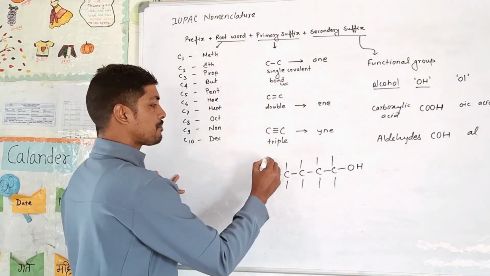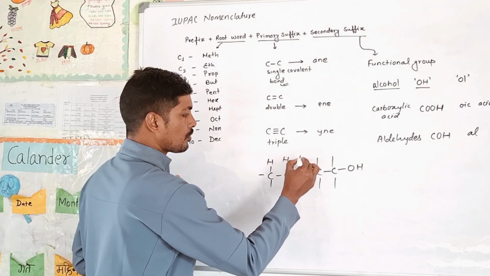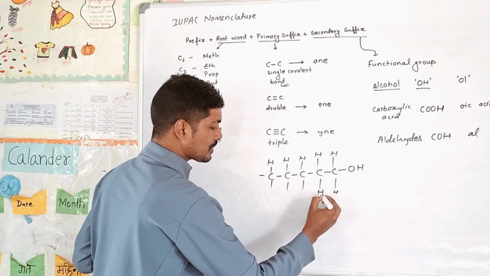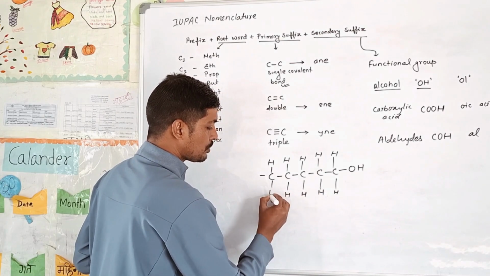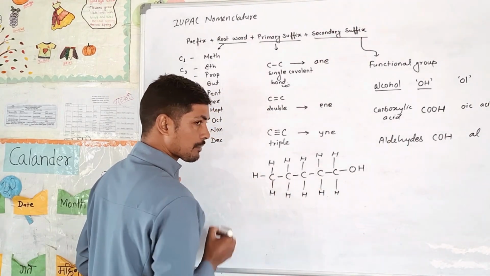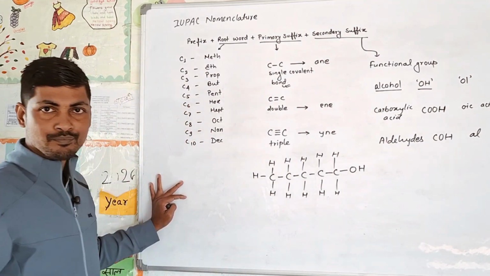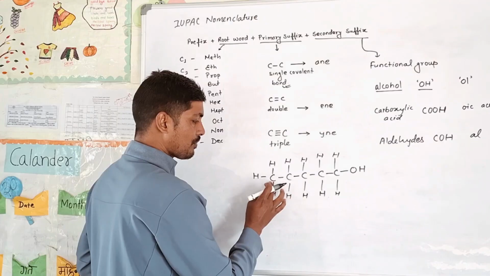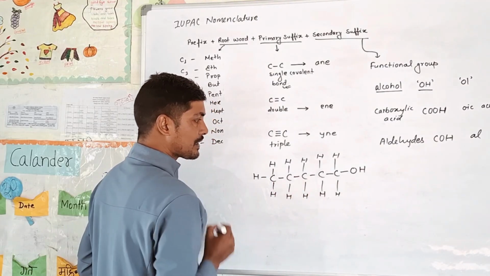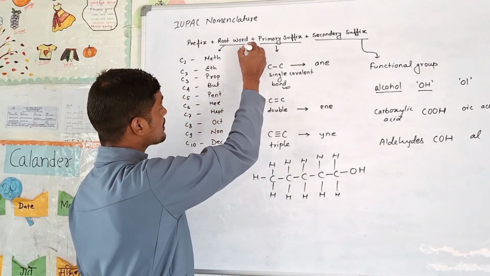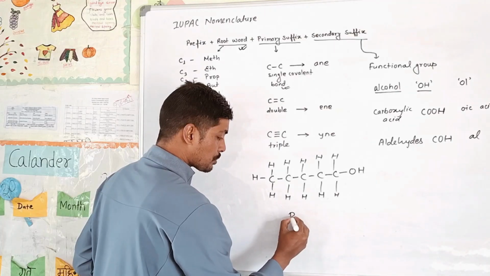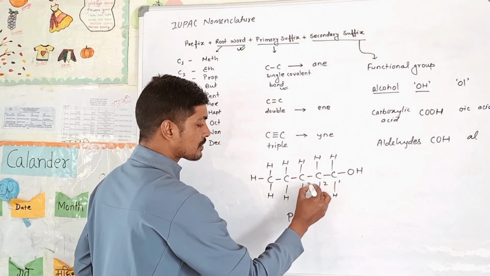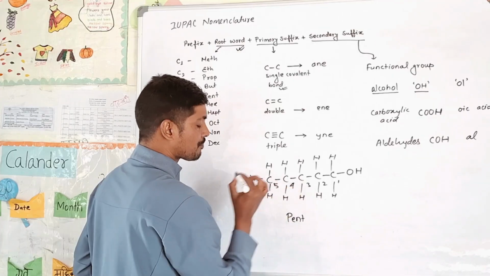In this case, while writing the IUPAC name of this compound, what we have to see first, we have to count the number of carbon atoms present in this hydrocarbon. 1, 2, 3, 4, 5. There are 5 carbon atoms. So first thing that we have to do is write the root word. Pent for 5 carbons.